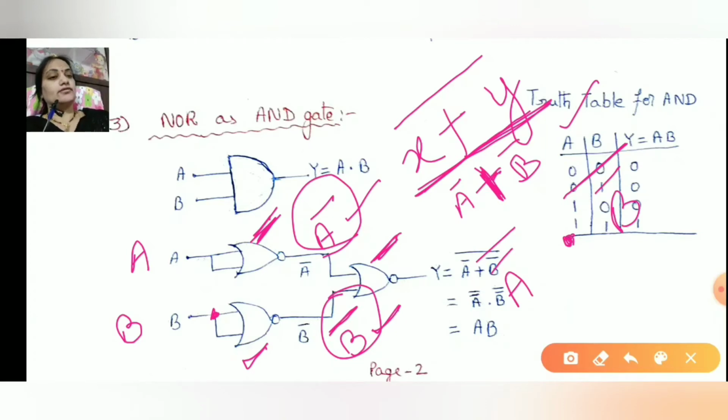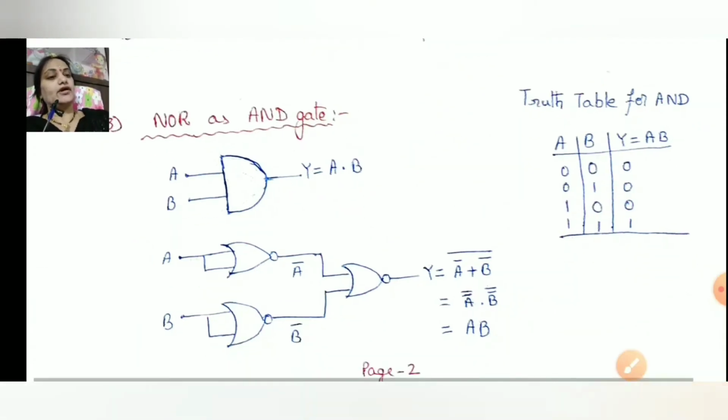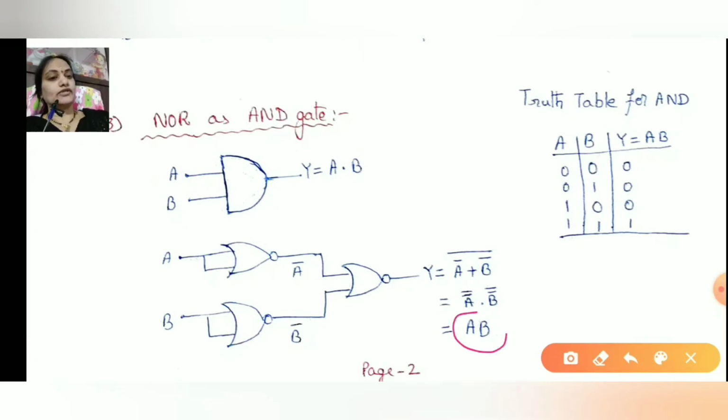Again, now we can use Boolean algebra. A double complement is A, B double complement is B. That means we got the output A dot B. Here the inputs are A and B, and we are getting the output AB.